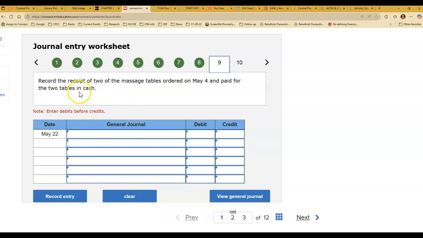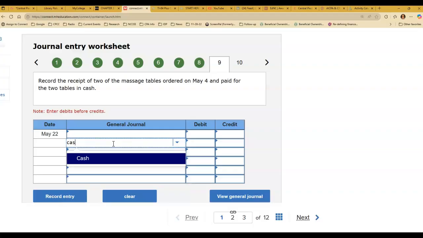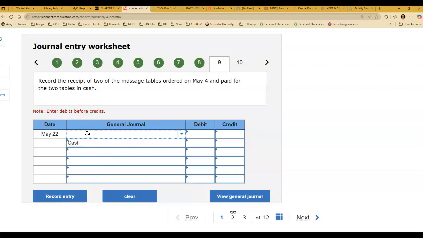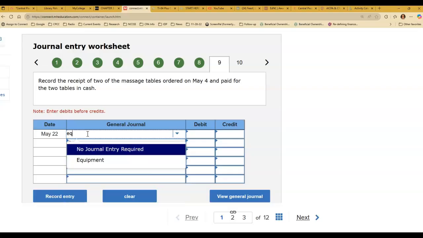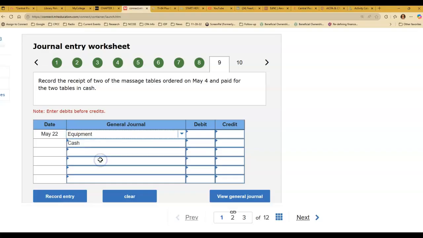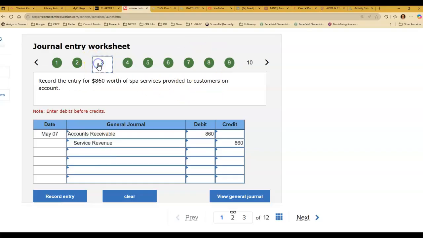So if we paid cash, we know that cash is going to get the credit, so we're going to put this on the second line. And what did we buy? Good. Okay. So now that was May 4th. I think that was that journal?